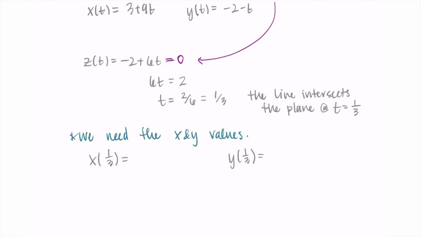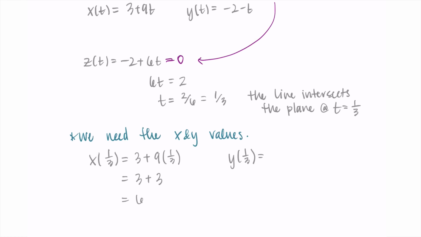And I already know the z one, it should be 0. So when I put 1/3 in for t into my x equation, I have 3 plus 9 times 1/3. 9 times 1/3 is just 3. So I get 3 plus 3, which is 6. Okay, cool. So that is my x value.